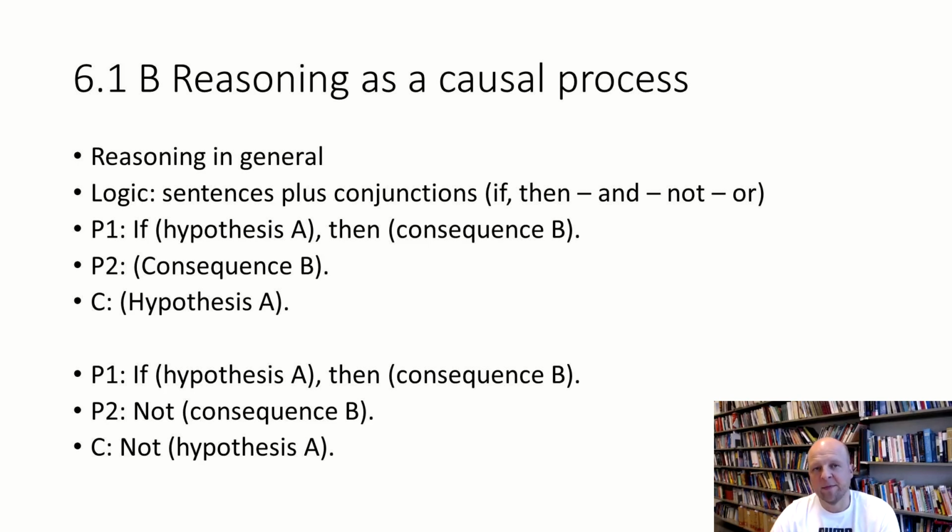That could seem like a quite simple thing, but what about logic, etc.? Can that be a causal process? So let's have a look at that. There are different forms of logic, but sentence logic works in the way that you put all sorts of arguments into their logical form, and then sentences are picked out as units, and there are different conjunctions that bind these sentences together.